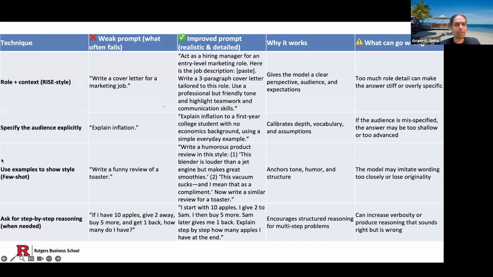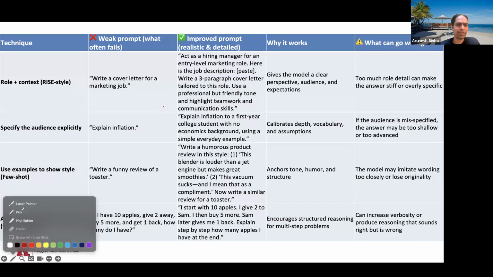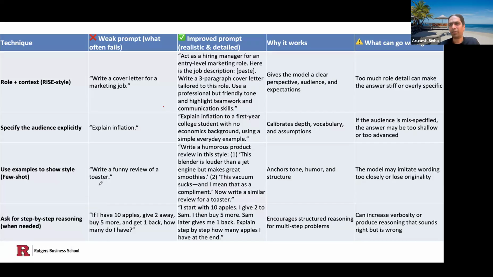Now there are a few other tricks that we are going to look at. One is this trick of using some examples within your prompt to guide the response of the large language model. This examples within the prompt also has a name.